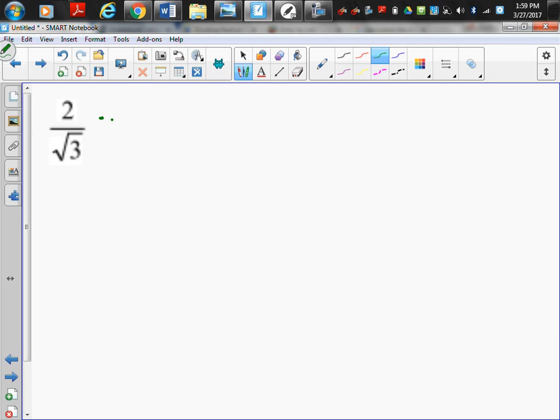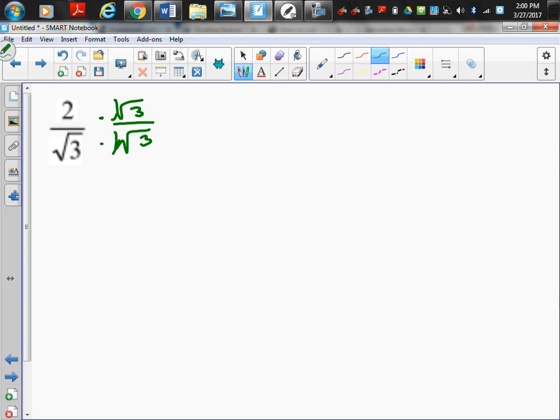So times square root of 3, square root of 3. Alright, now if we go back to multiplying roots, we multiply the numbers that are on the outside. So what number is on the outside of my square root of 3? 1.